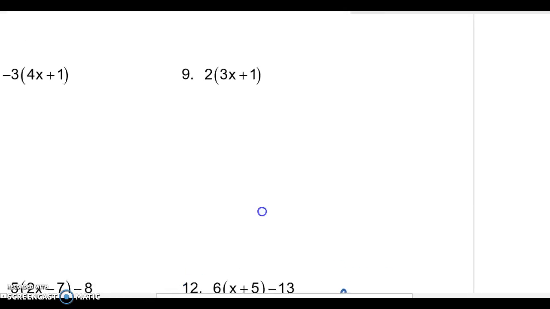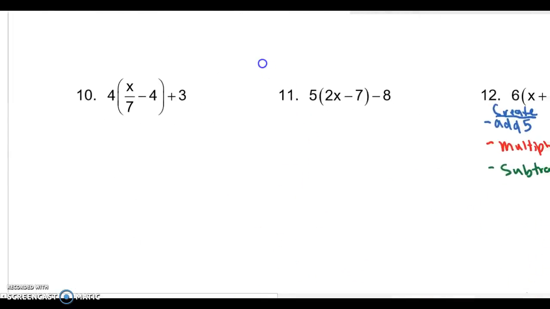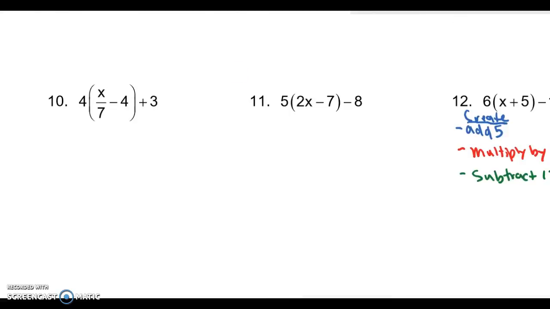Let's look at one more just to make sure we've got the hang of this. All right, let's do number 10 here. We've got 4 times the quantity x divided by 7 minus 4 plus 3. So again, to create the expression, we look at x. The first thing it looks like we're doing is divide by 7.